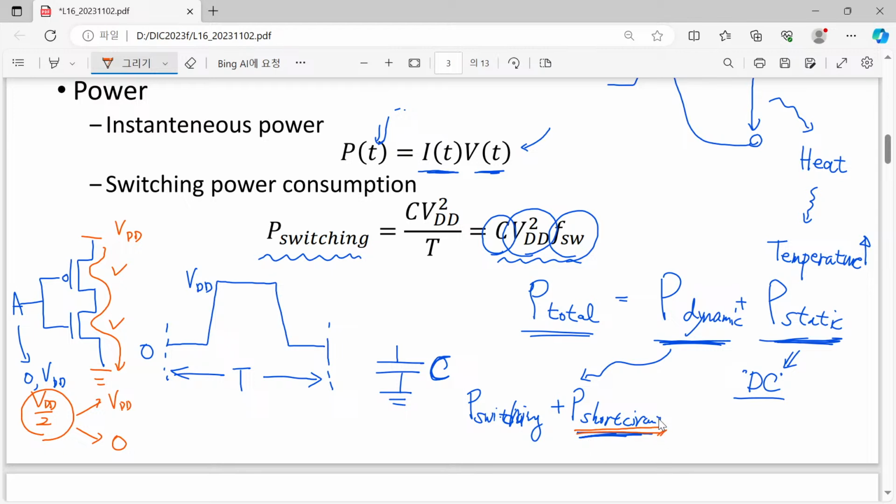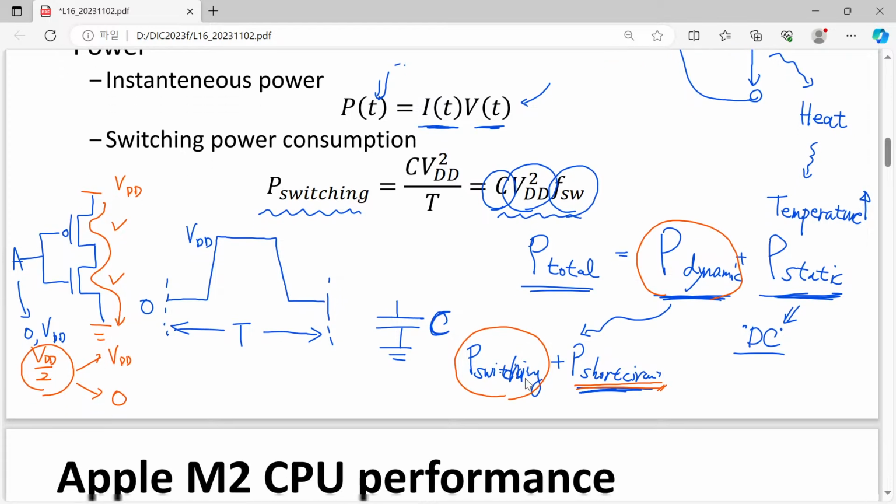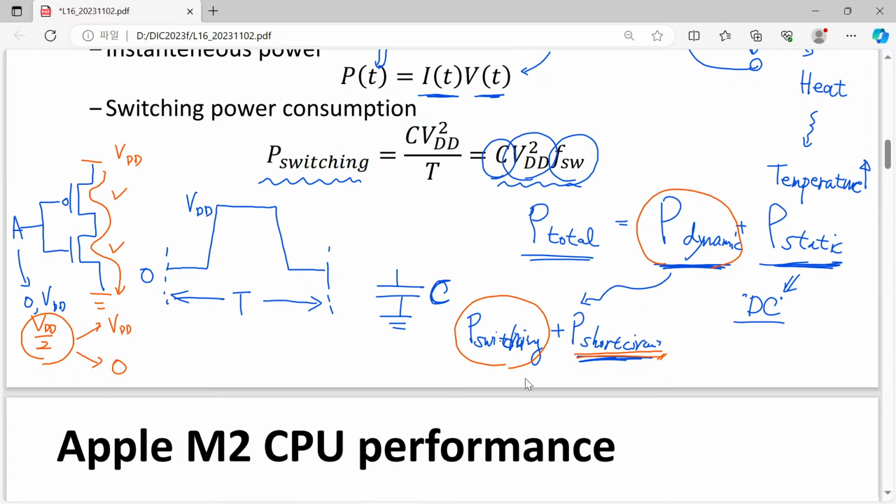But in usual cases, this short circuit condition or short circuit power consumption is quite much negligible. So when we consider dynamic power consumption, then it is more or less similar to the switching power consumption. Okay, so today we will mostly concentrate on the switching power consumption.